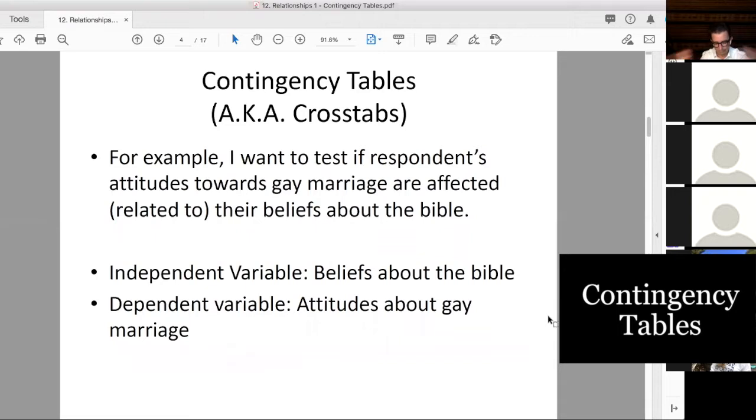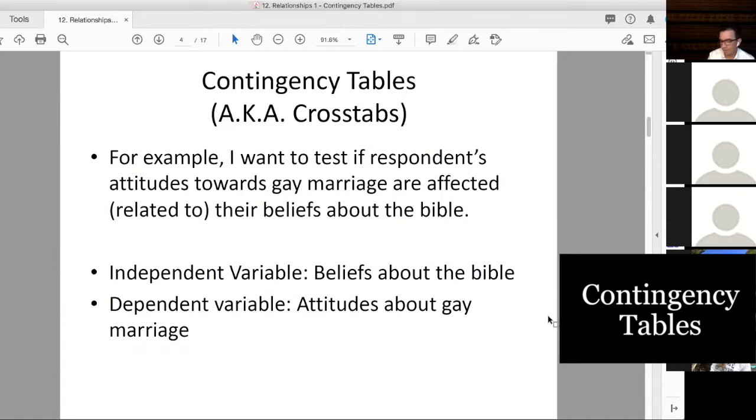For example, let's keep with the example going. Let's say we want to know if attitudes towards gay marriage are affected or related to people's beliefs about the Bible, right?